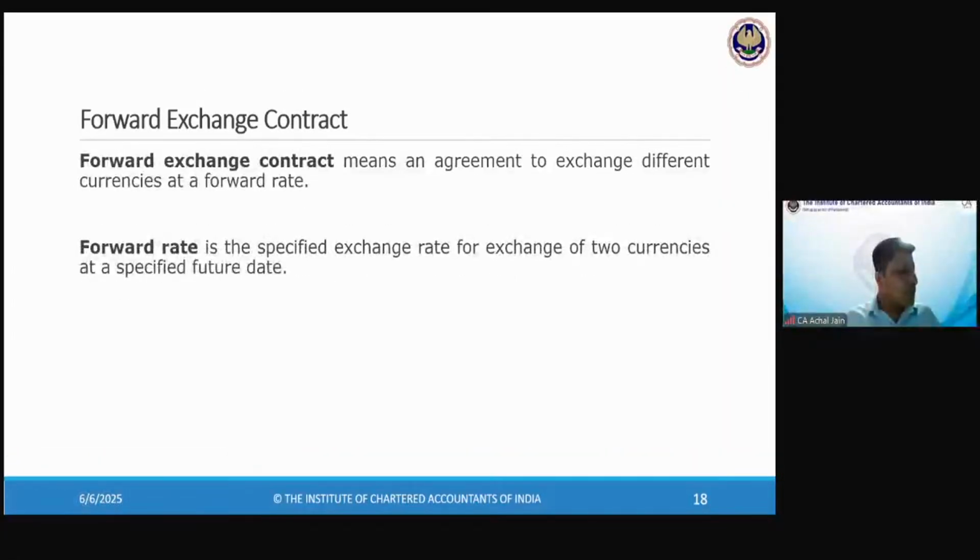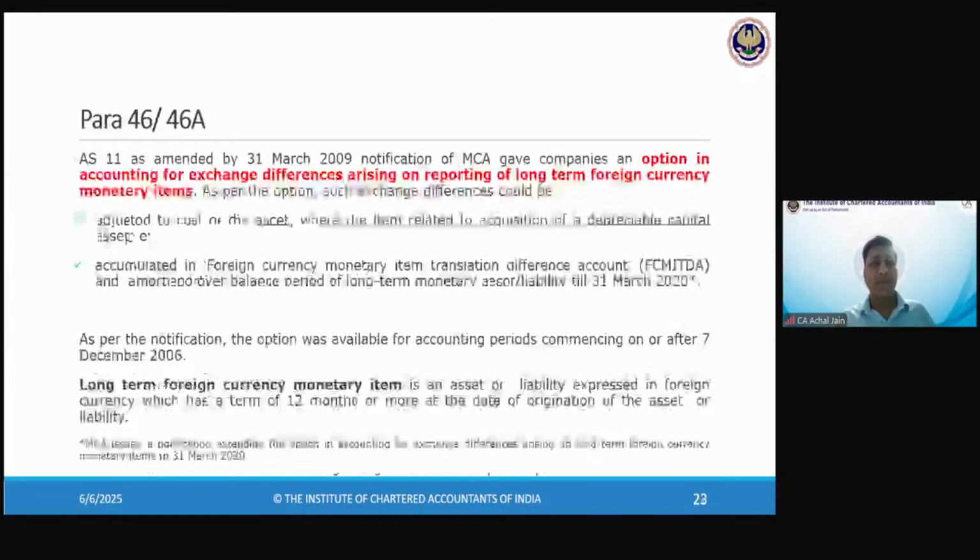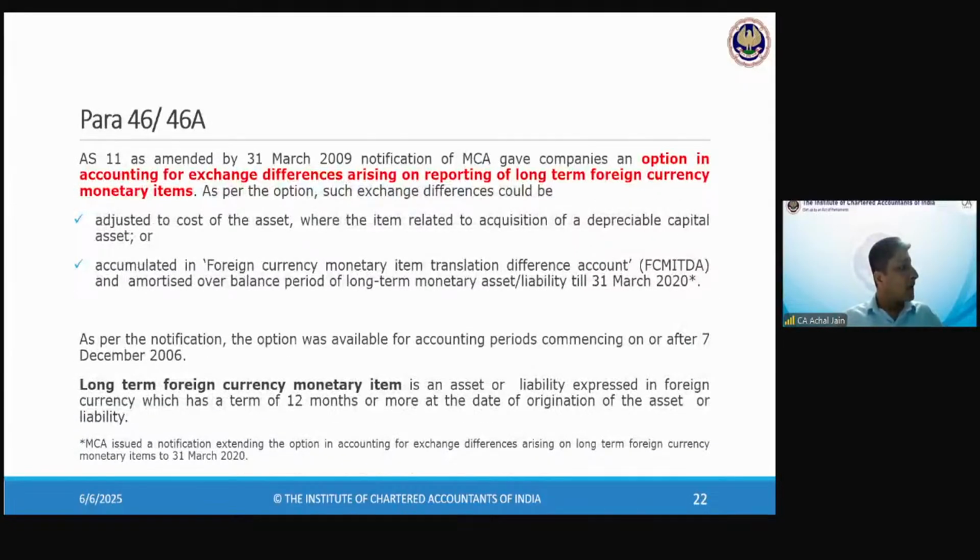Okay, so there's one more concept which is in relation to this foreign currency monetary item translation difference. I think this was also a query. So what is this foreign currency monetary item translation difference account?